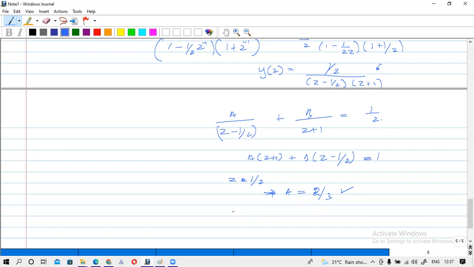Now if I consider z is equal to -1, this will be 0, and you will have B is equal to 1 minus... so it should be -1. So -3 by 2, so here you will get -2 by 3. This will be B.